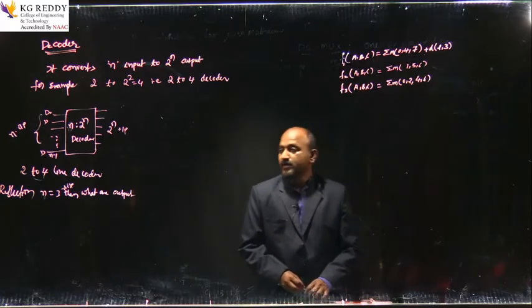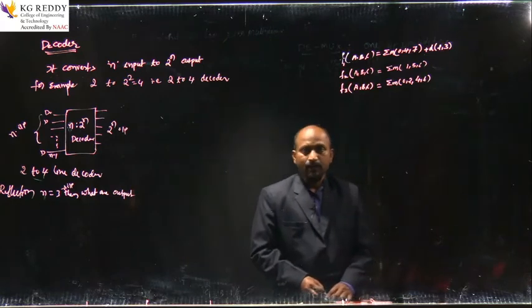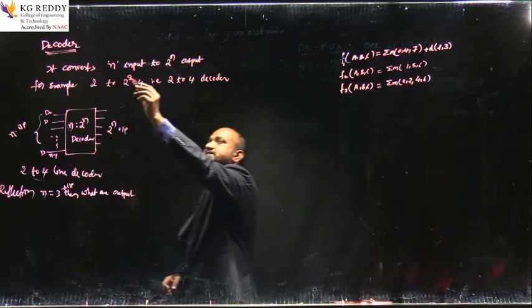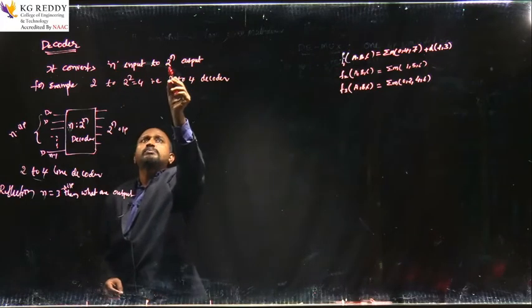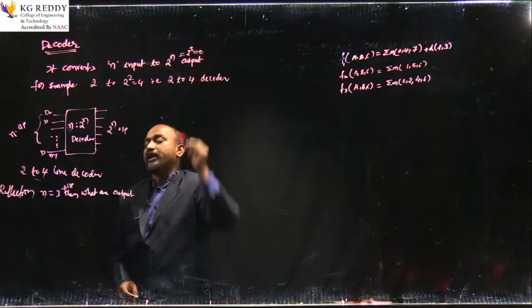You have to think. For n equal to 3 inputs for the decoder, 2 power 3 is equal to how much? 2 power 3 is equal to 8. So 8 are the outputs.